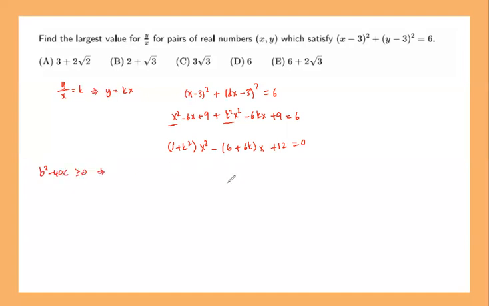The b is this coefficient, so negative of (6 plus 6k), minus 4 times a, which is 1 plus k squared, times c, which is 12.